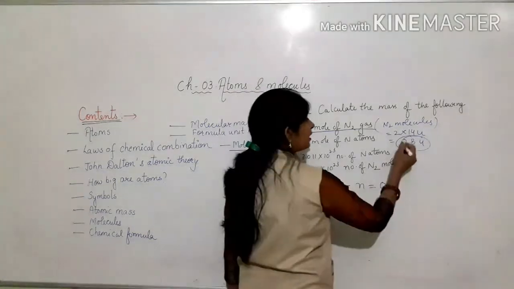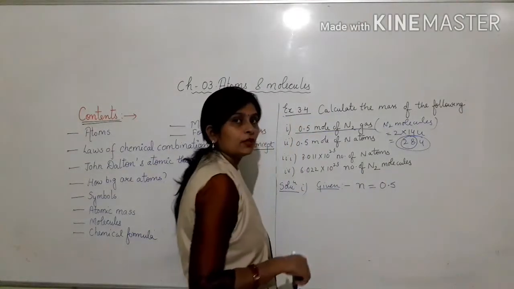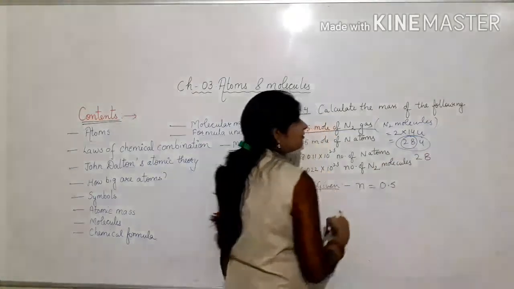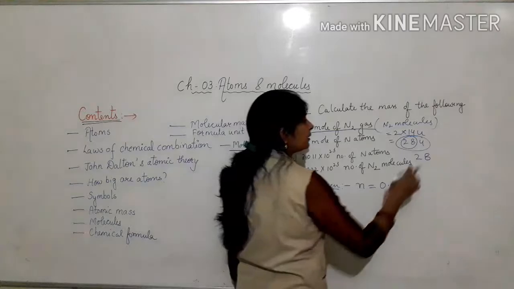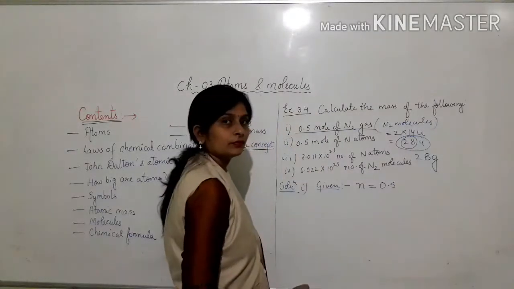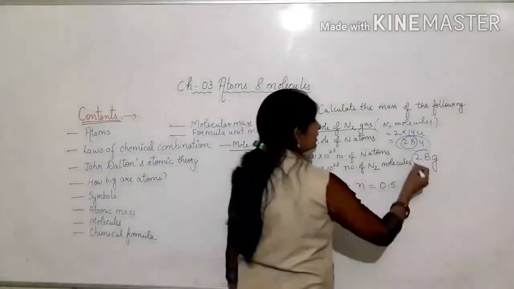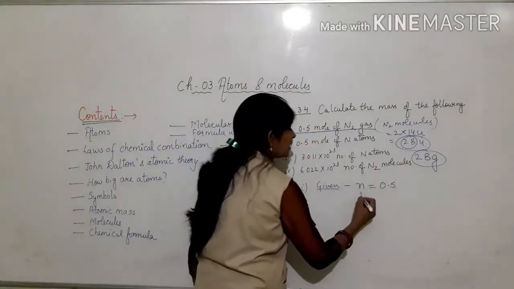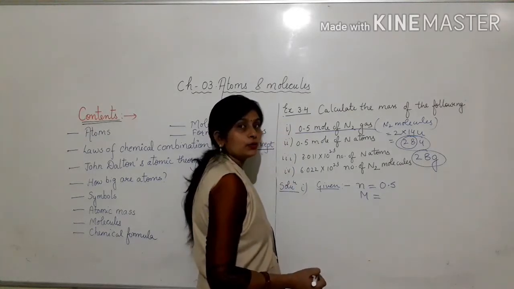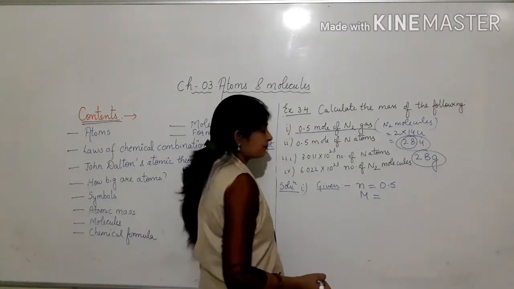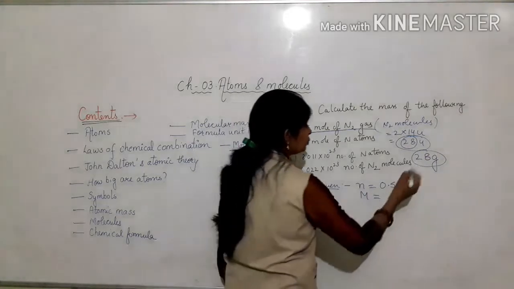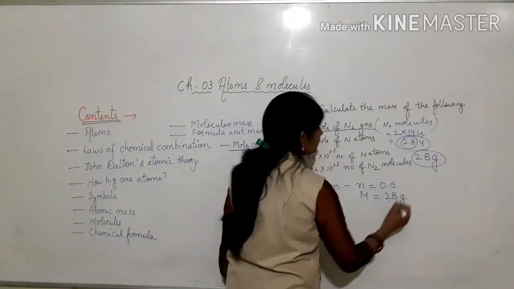It has numerical value 28, so its molar mass also has the same numerical value 28, but in place of U we use the unit gram. So 28 gram is the molar mass of nitrogen molecules. Molar mass, denoted with capital M, is equal to 28 gram.